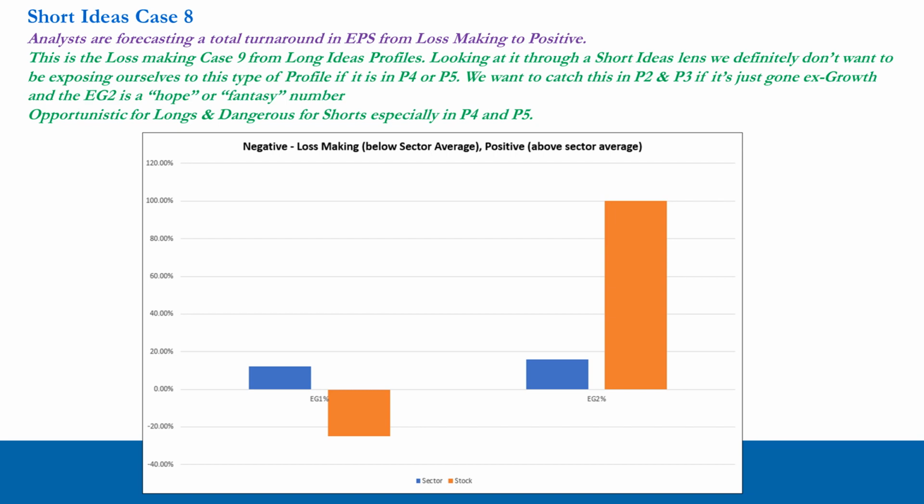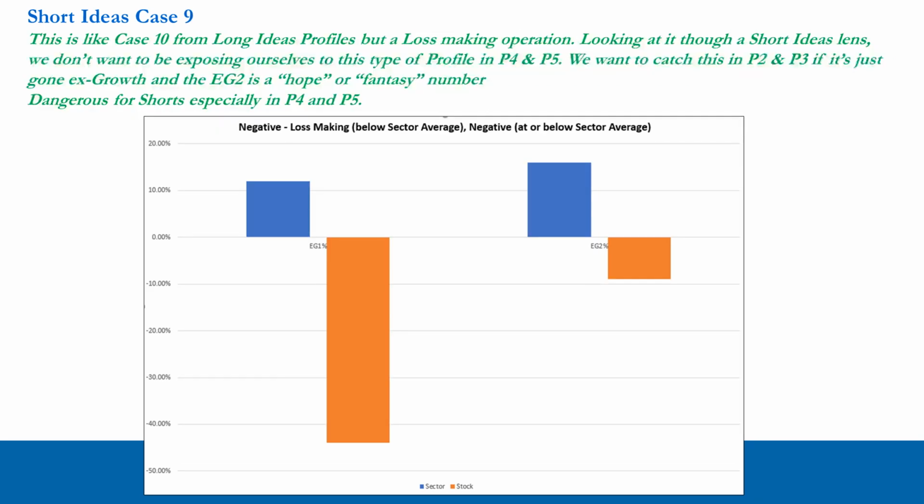Moving on to case number 9. This is like our case number 10 from long ideas profiles, but it's a loss-making operation. So when we're looking at this type of profile through a short ideas lens, we definitely don't want to be exposing ourselves to this type of profile in phase 4 and phase 5.